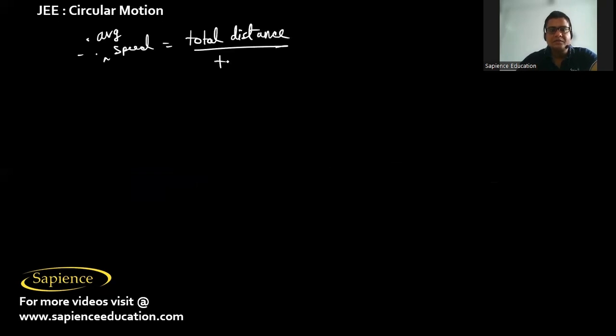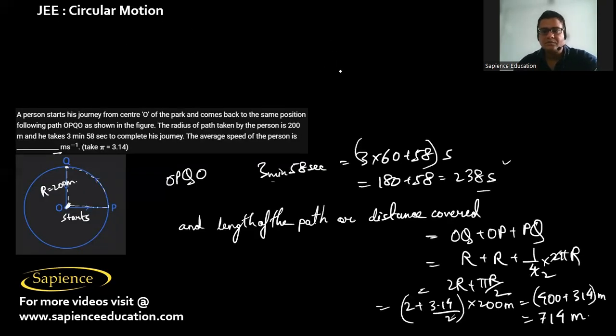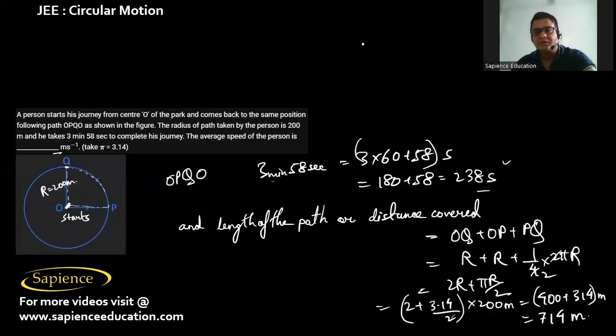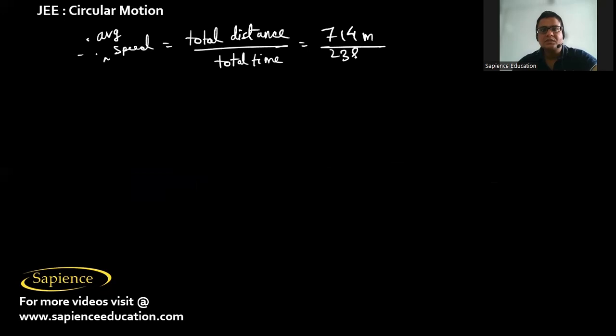So now the average speed will be equal to the total distance traveled divided by the total time taken. So it is 714 meter divided by the total time taken, that is 238 seconds.